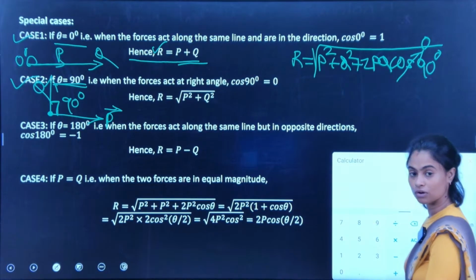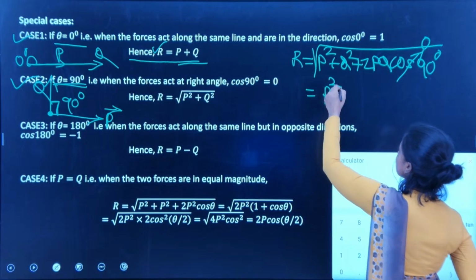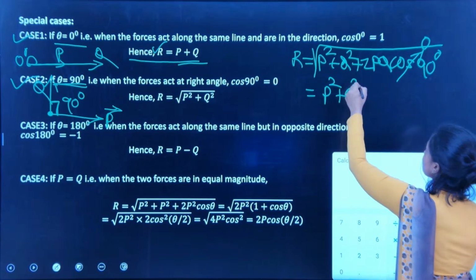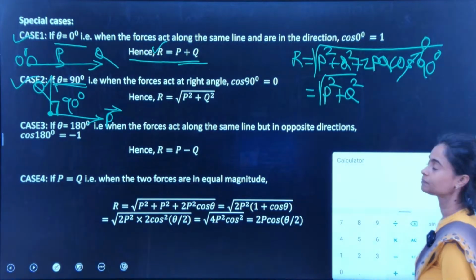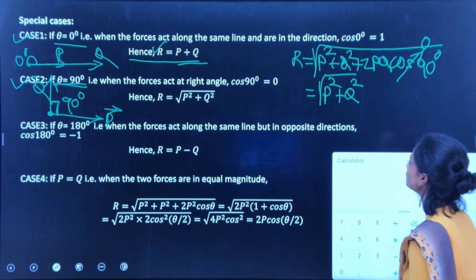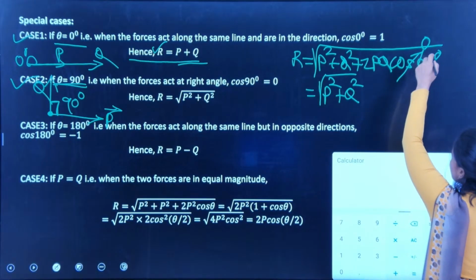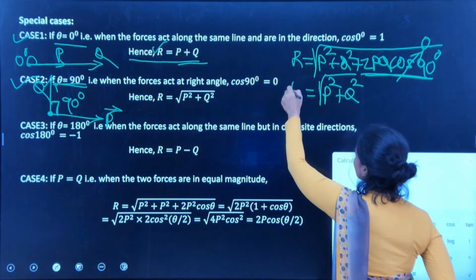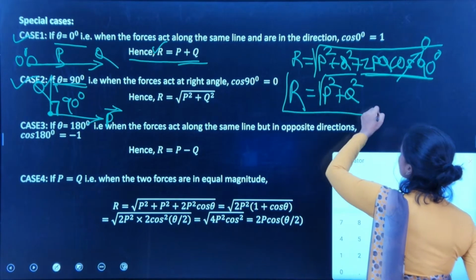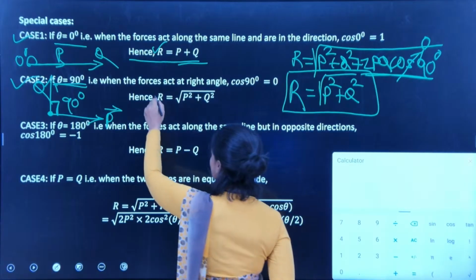So the value of cos 90 degree is 0. So this equation reduces to root over of P square plus Q square. Understood? Since cos 90 is 0, this entire term becomes 0 and we are left with R is equal to root over of P square plus Q square here.